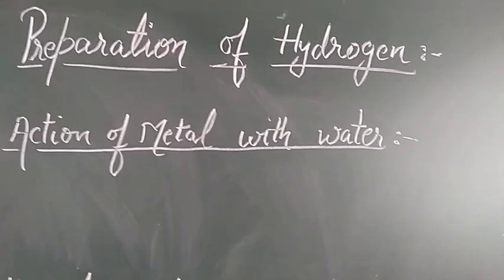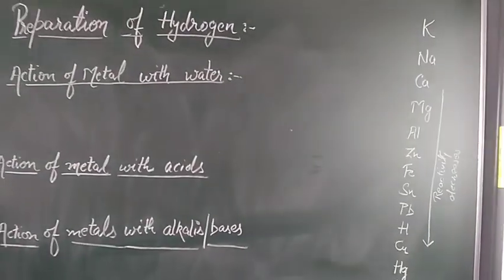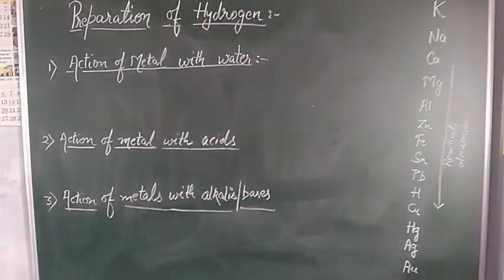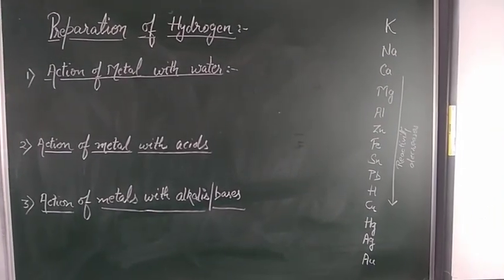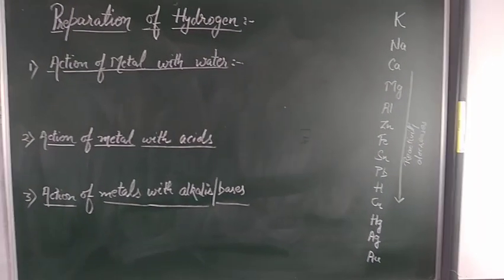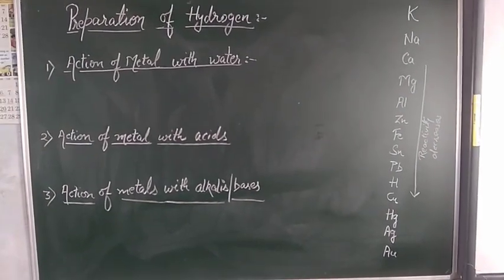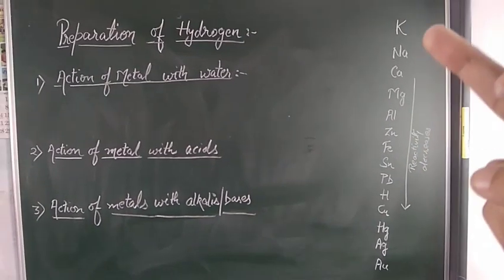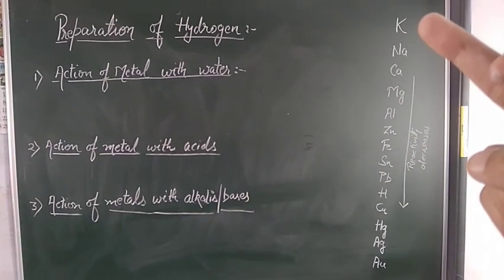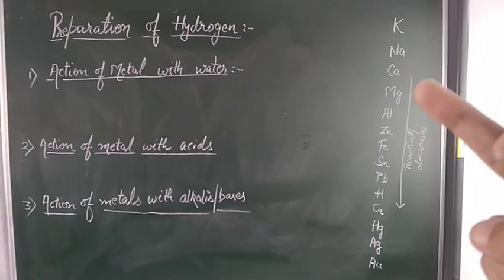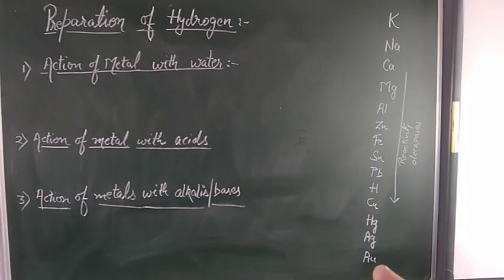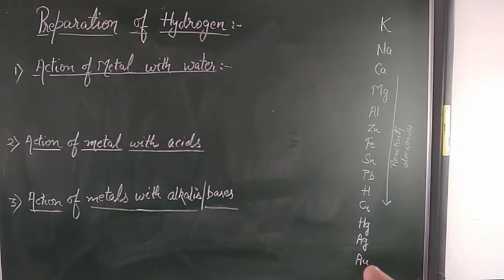Before we initiate our topic, on the right-hand side I have written the reactivity series of metals, from top to bottom, with their symbols. First potassium, symbol K, then sodium Na, then calcium Ca, and likewise at the last, gold with symbol Au.